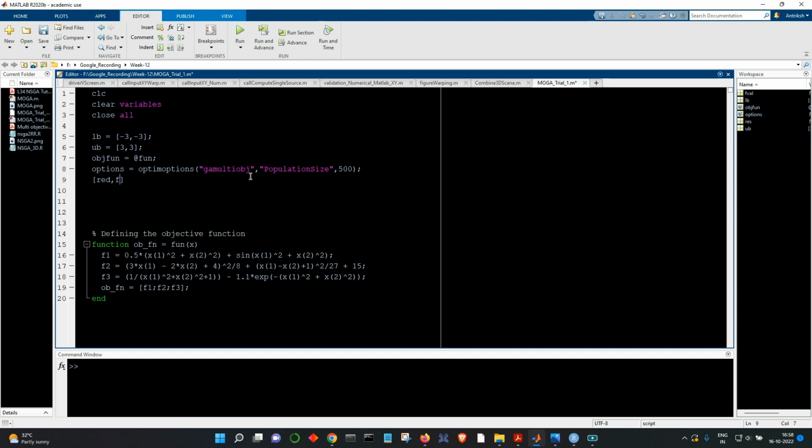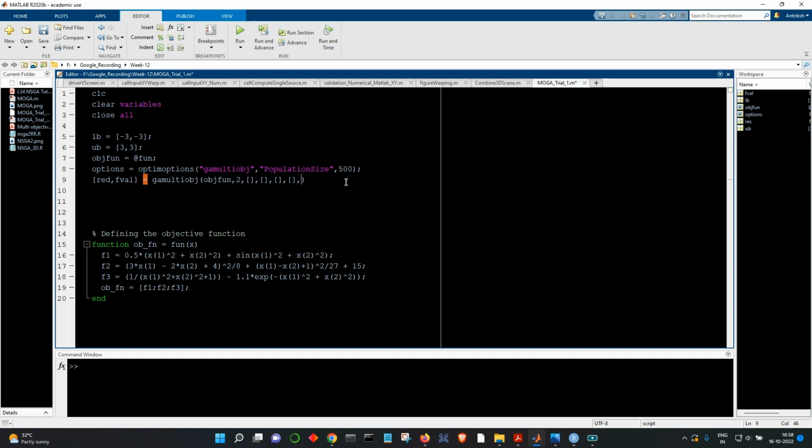We are going to use these options when we are calculating the multi-objective genetic algorithm. How do we call it? gamultiobj, and we give it the objective function, and we give it the number of variables, that is 2. Are there any inequality or linear constraints, either of inequality or of equality? We don't have them, so they are empty.